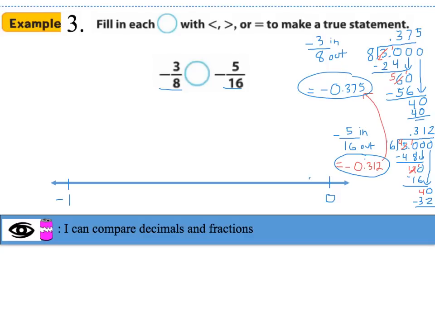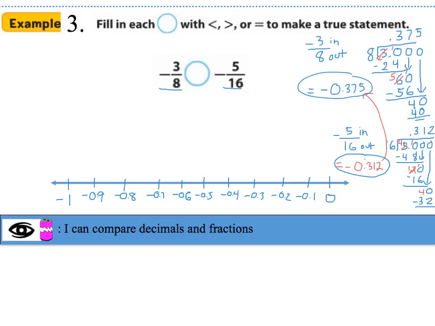So if I jump one space back here, that's going to be -1/10. Here's -2/10. Here's -3/10. -4/10. And so on. And then I can complete my number line up to -1. Now that I have these increments, I can go ahead and place my decimals on a number line.